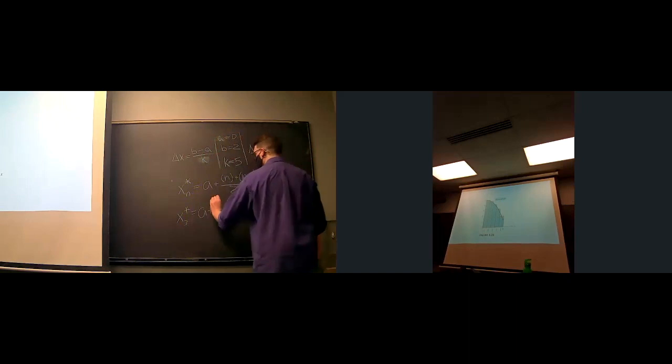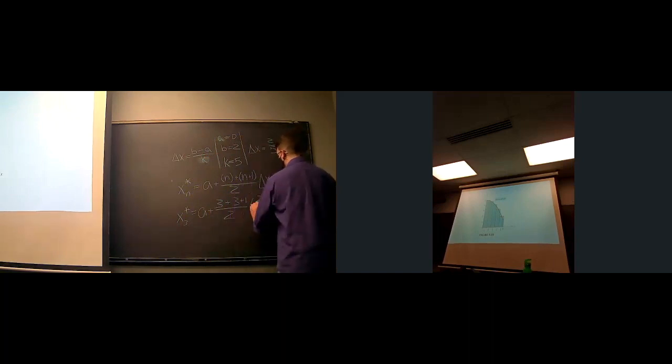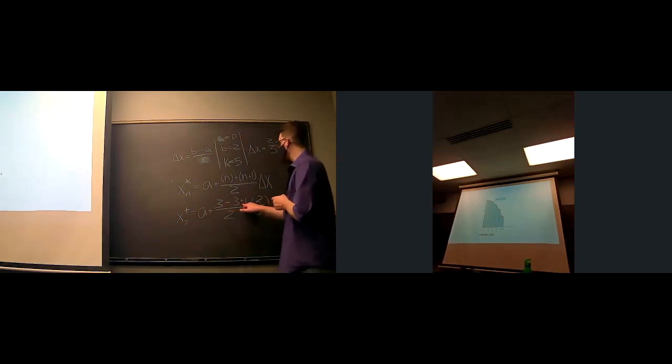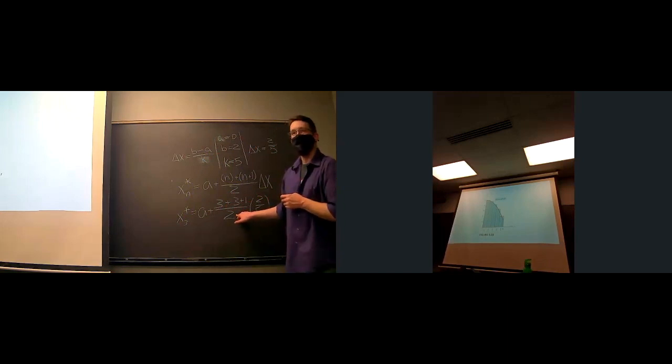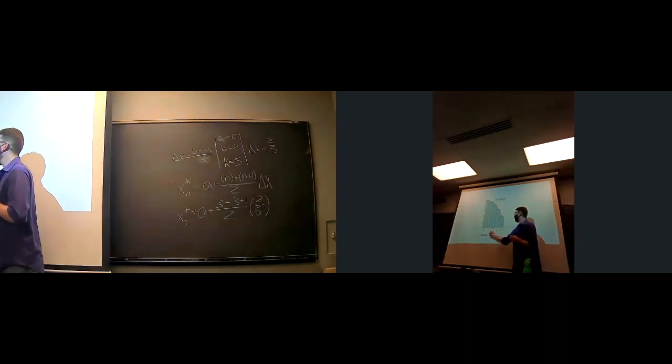We said 1, 2, 3. x 3 star is equal to a plus 3 plus 1 over 2 times 2 over 5. This is going to come out to be 7 divided by 2. So I've got a typo up here. See what I mean? Because what this should come out to be is 5 over 5.